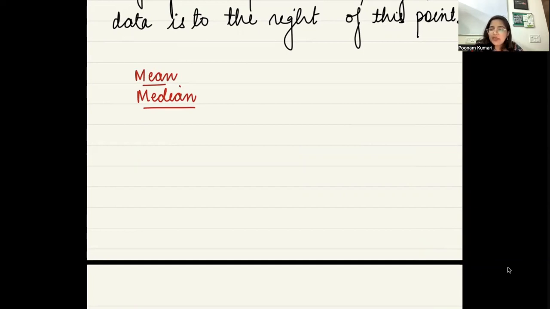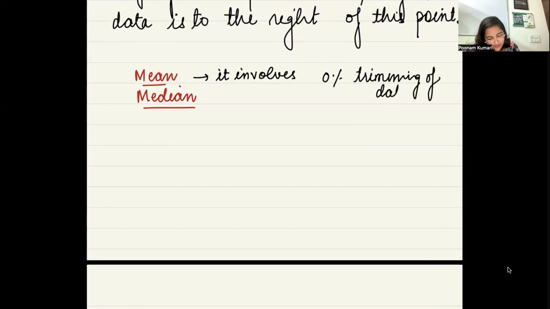While calculating mean, we are considering every single value. So can I say that it involves 0% trimming of data? Trimming of data means removing data. Trim kar dena, so just chop, cut kar do. So in mean there is no removing of data, right? Because you use every single point.